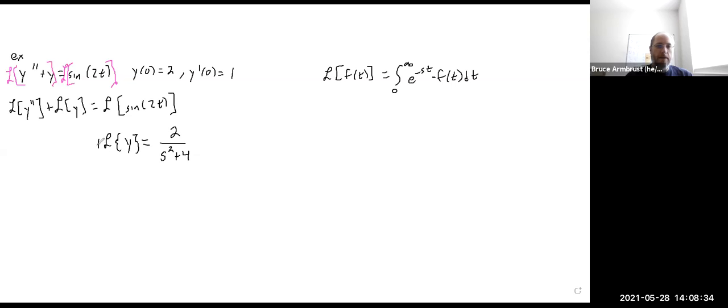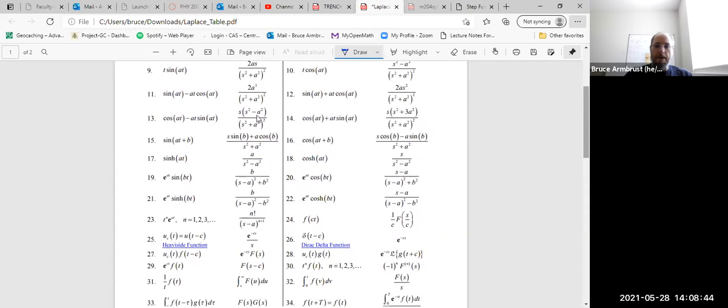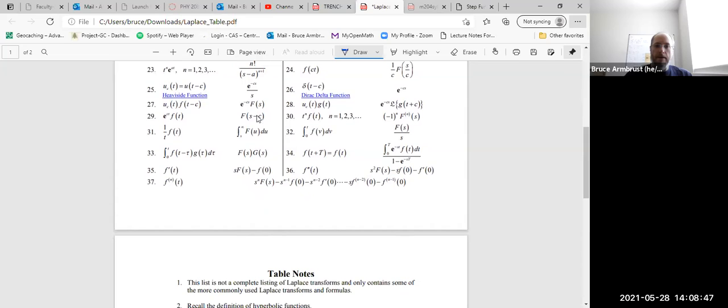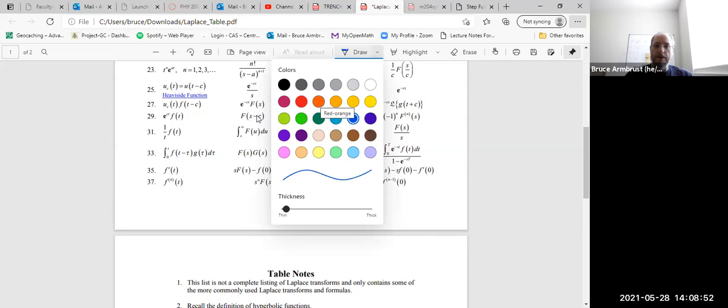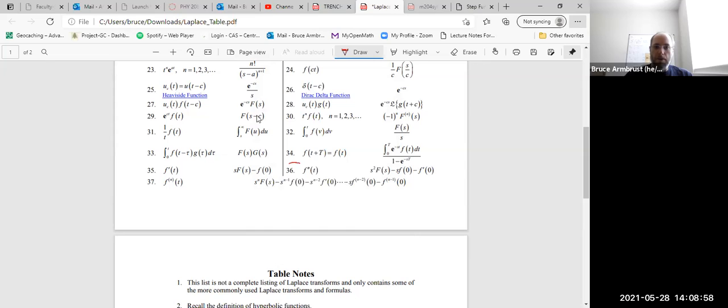Laplace transform of y. But now let's go find the Laplace transform of y double prime. So we'll go back to that table. And if we go down a little bit, we can see it's right here. Change colors. So there's y double prime. I call it f prime. But here is what that is going to be.